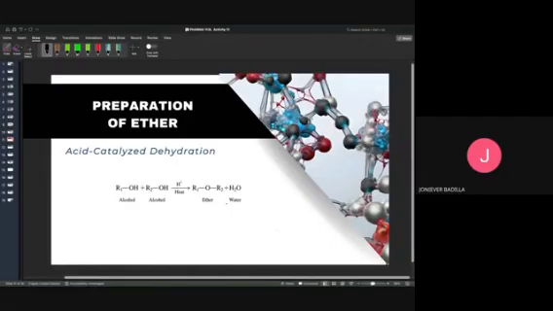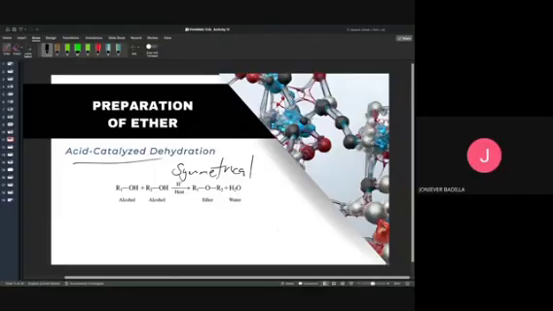Let us try to go over the preparation already of ether. So for the preparation of ether, they are commonly prepared from your alcohols. That's why for the primary preparation, it involves what we call as your acid catalyzed dehydration. So for the acid catalyzed dehydration of alcohols, this is specific already to your ethers that are symmetrical in nature, meaning the left side and the right side will have to be the same.